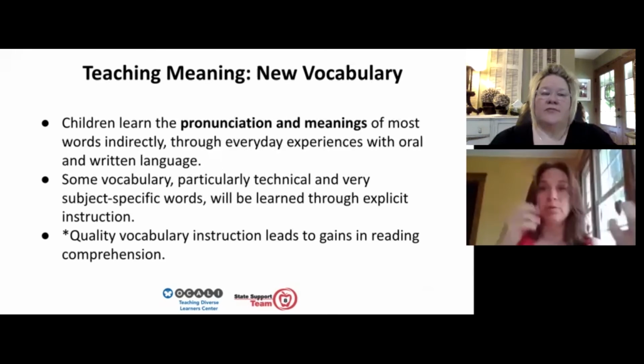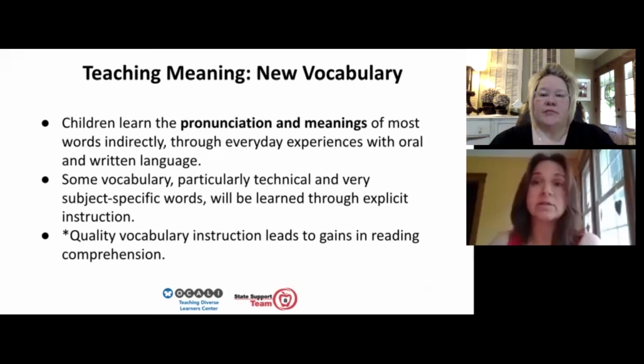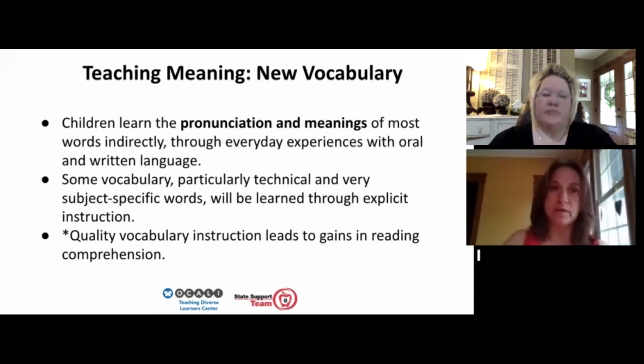And you need both parts of the simple view of reading in order to have that product of reading comprehension. So vocabulary really needs to be a focus.